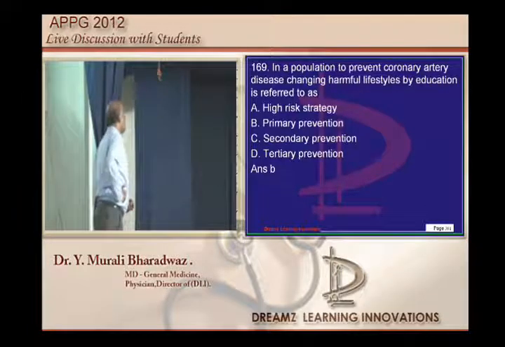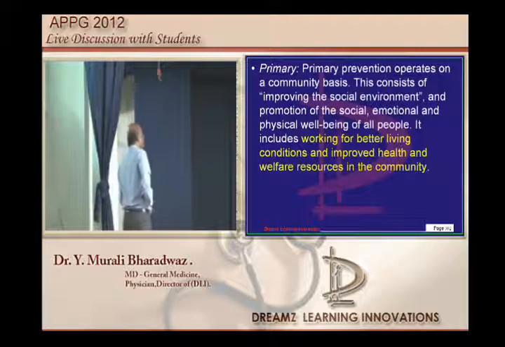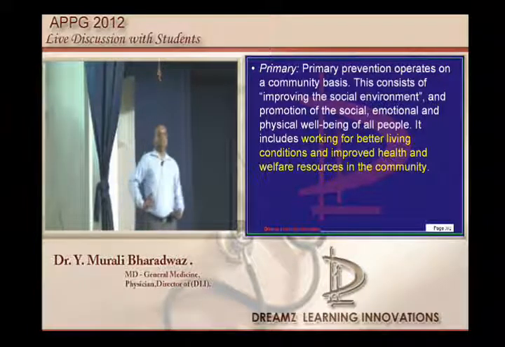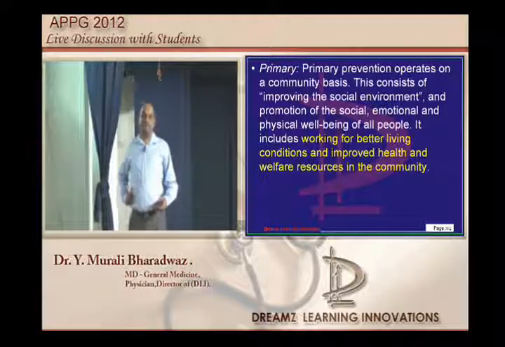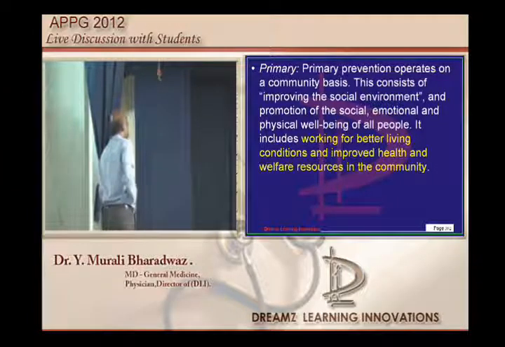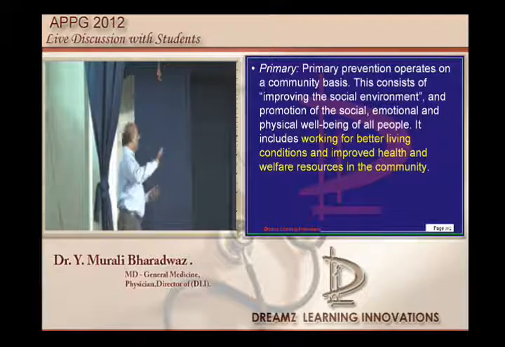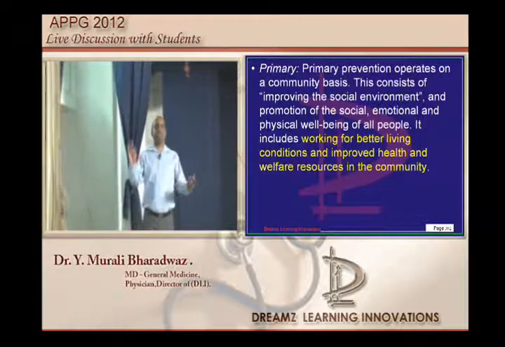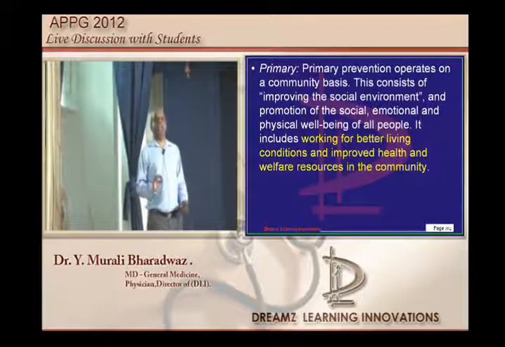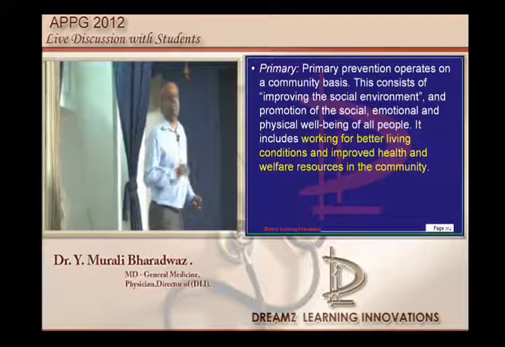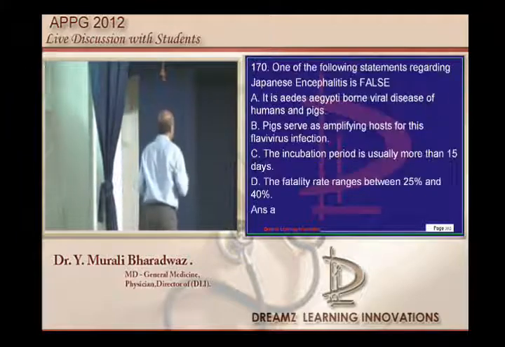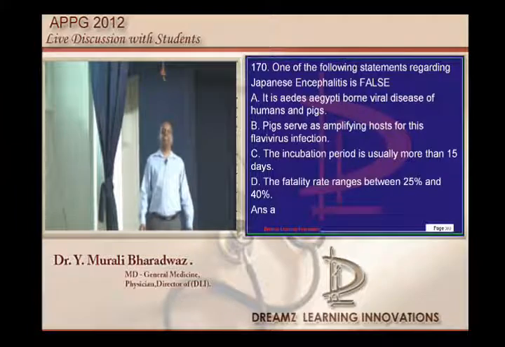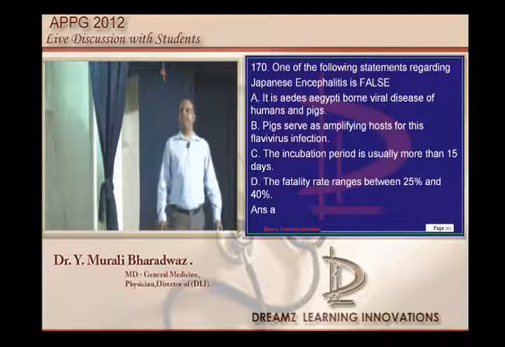So primary prevention, you know very well, is better living condition, improved health and welfare resources, improving social environment, preventing harmful lifestyle, etc. You do this in the population, through spirituality centers. That is what you will be doing in primary prevention. Japanese encephalitis, I think this is the easiest question.